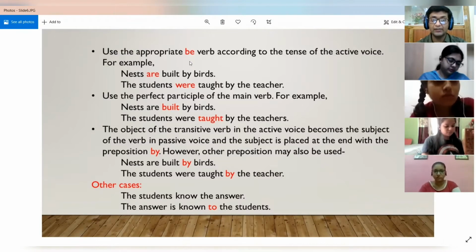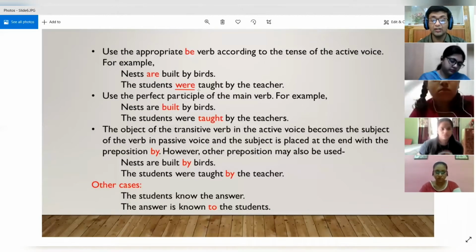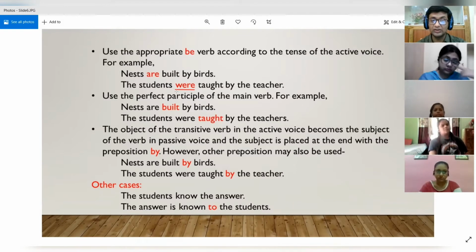We have added the be verb. You can see were present over here. And why is were present over here? Because the original sentence said that the teacher taught. So that sentence was in the past tense. That is why we have used the past form of the be verb, were, right?